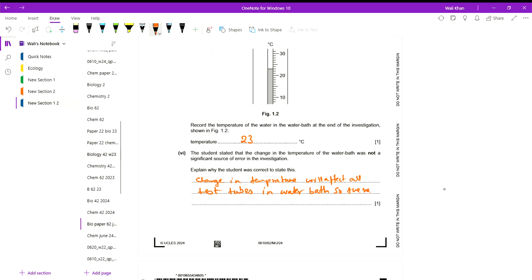So there is no error in the investigation.